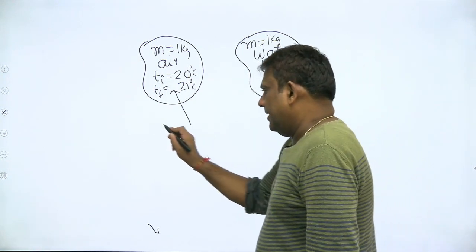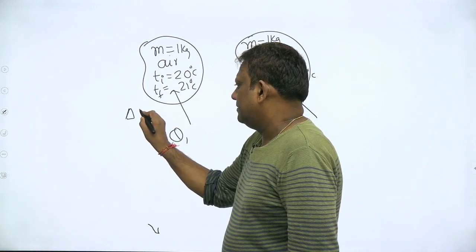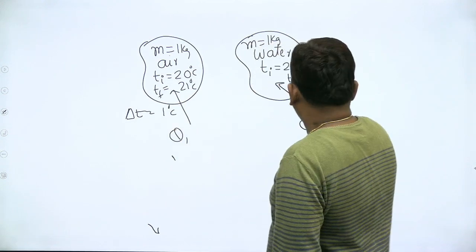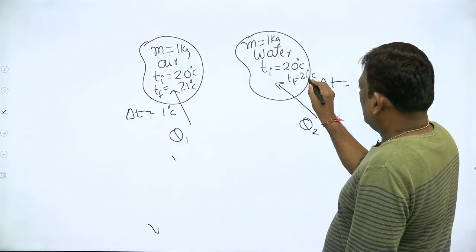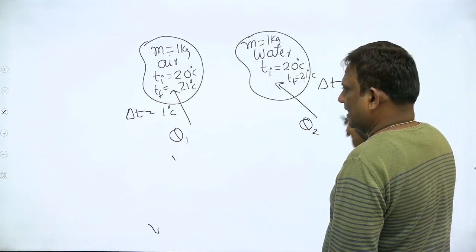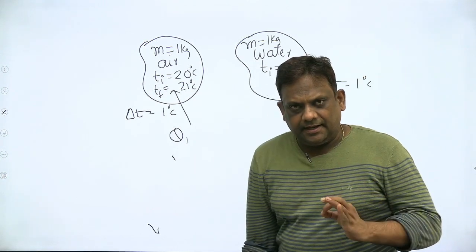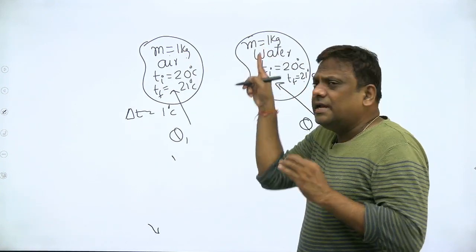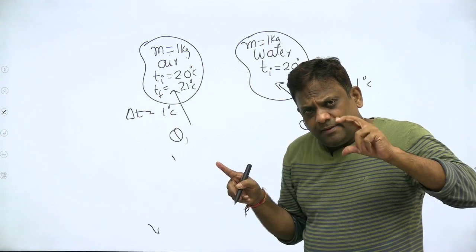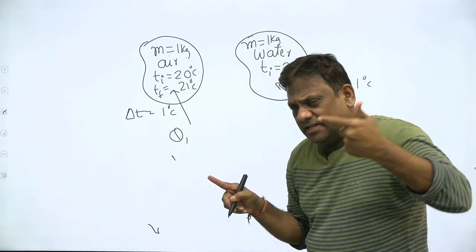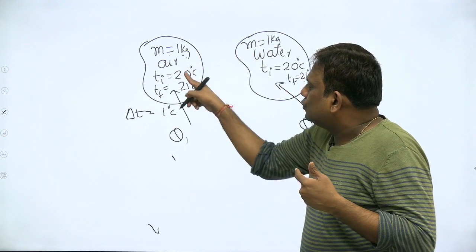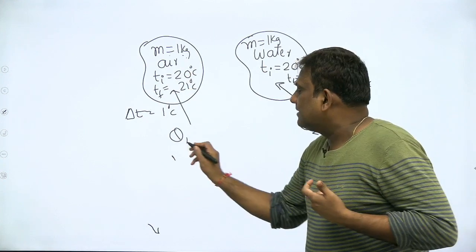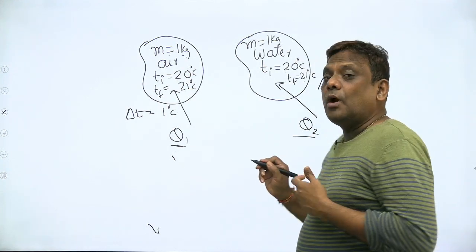Very good. Now tell me, what is the temperature difference? 1 degree centigrade or 1 Kelvin? Look, 21 minus 20, 1 degree centigrade or 1 Kelvin. Now, I told you very clearly, on unit mass of substance, to bring 1 degree temperature difference, whatever heat you are supplying, we call it specific heat.